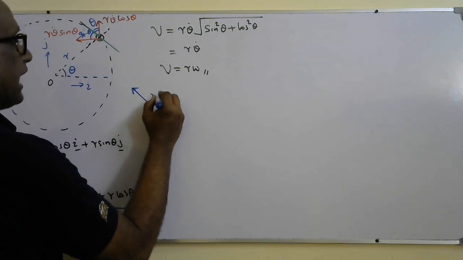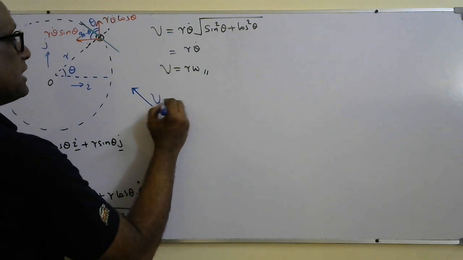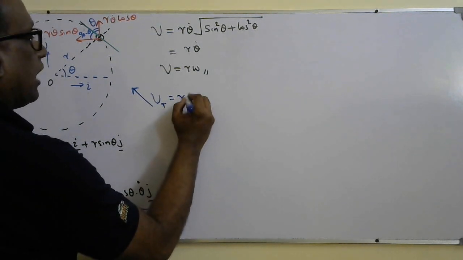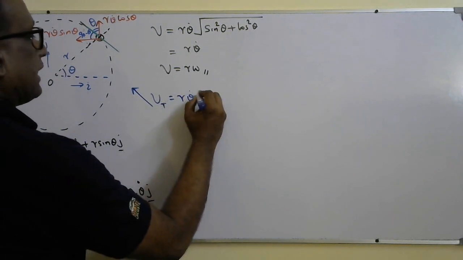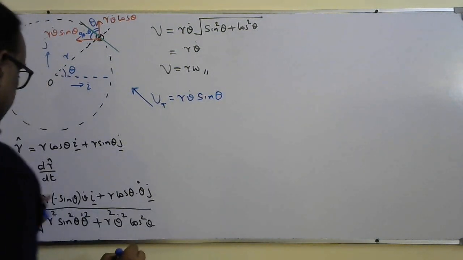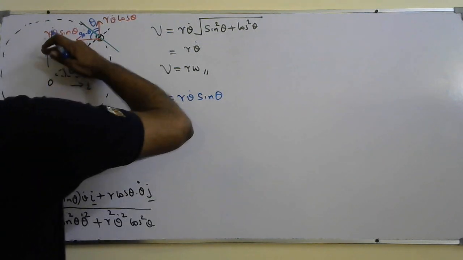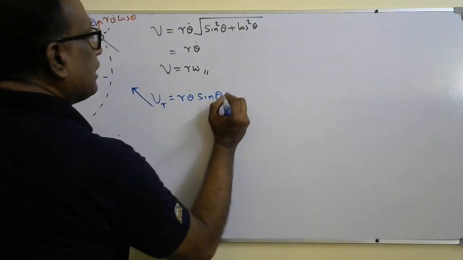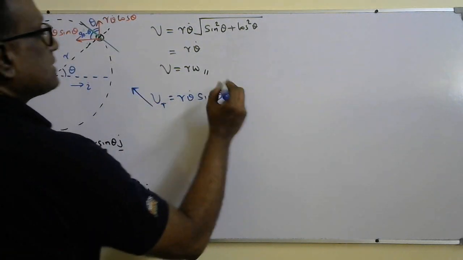Velocity along the tangent, I'll put vt. How much will it be? r theta dot sin theta times cos(90 minus theta). Cos(90 minus theta) is sin theta.